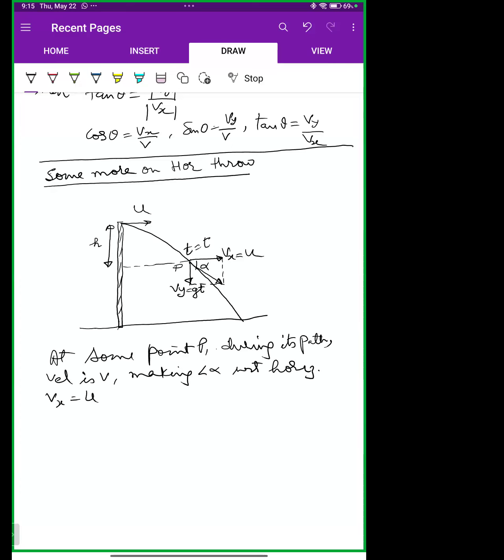Vx is equal to U, which is constant. Vy is equal to Uy plus Gt, which is 0 plus Gt. Only time has changed at some point P, at T equal to T.